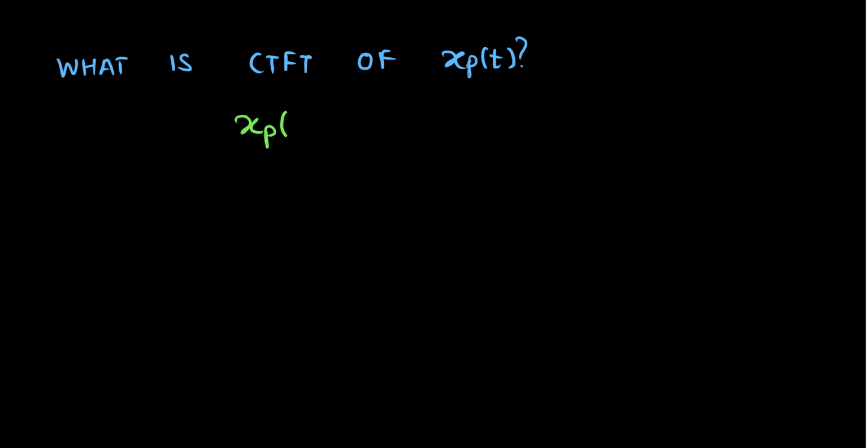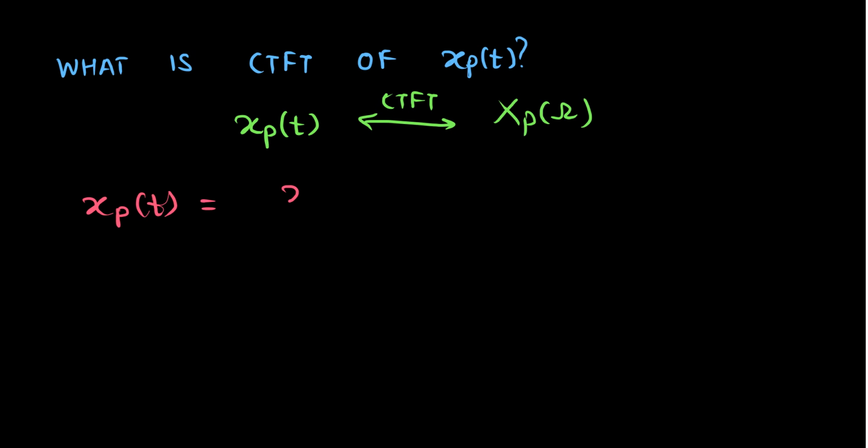So this xp of t, let it have the CTFT as Xp of omega, and we know that this xp of t is simply multiplication of x of t and the train of impulse, that is p of t.